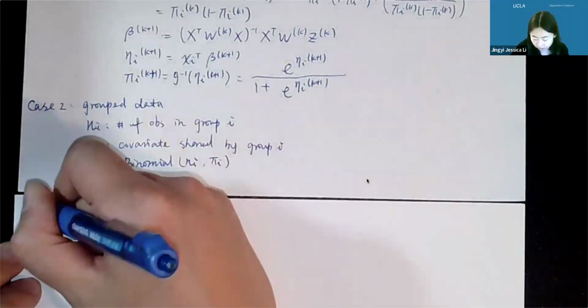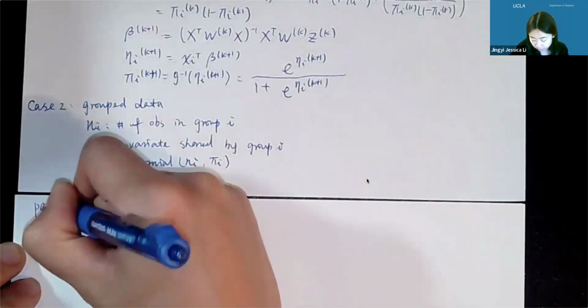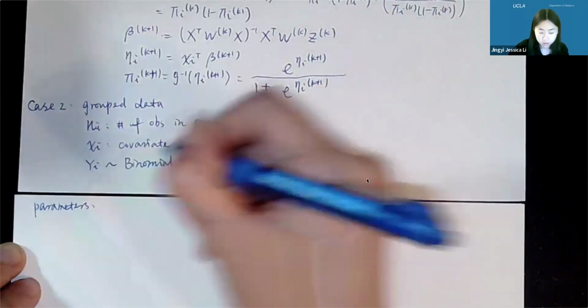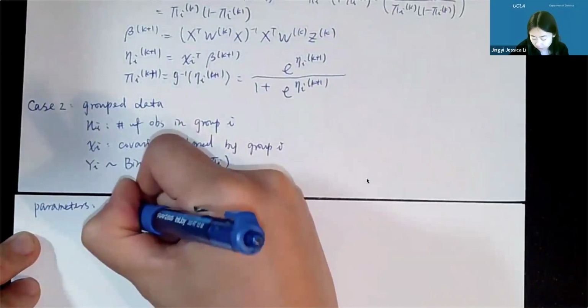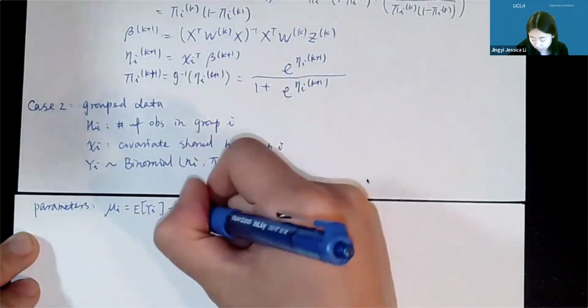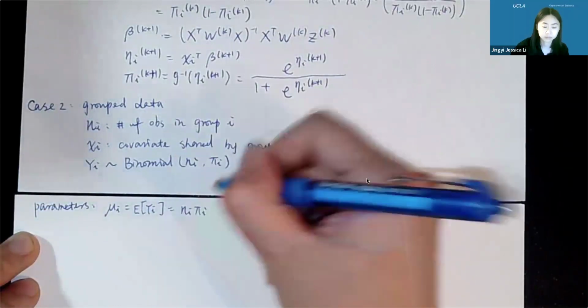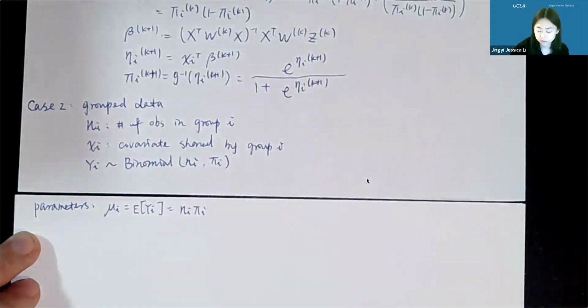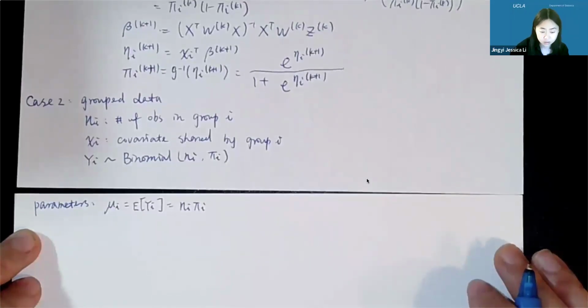So for the parameters, we have mu_i as the expectation of y_i as n_i pi_i. Okay, so you have this n_i thing here.